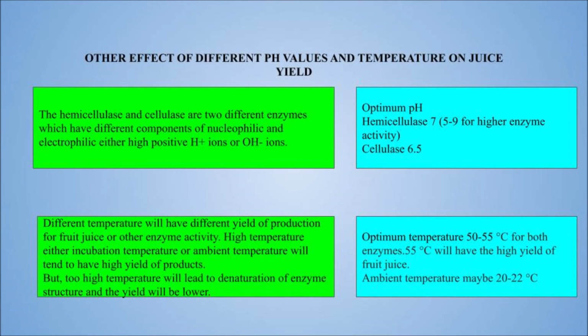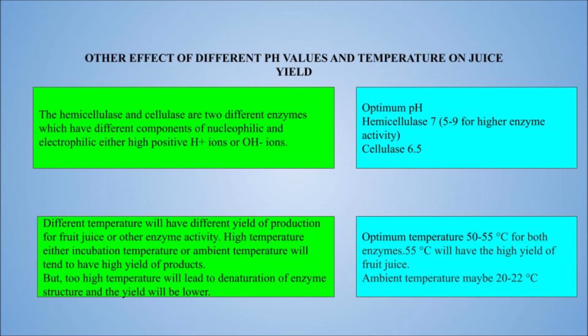But for higher enzyme activity of the hemicellulase, the pH value will be 5 to 9, while for the cellulase it will be 6.5, which is a weakly acidic condition required for the enzyme activity.